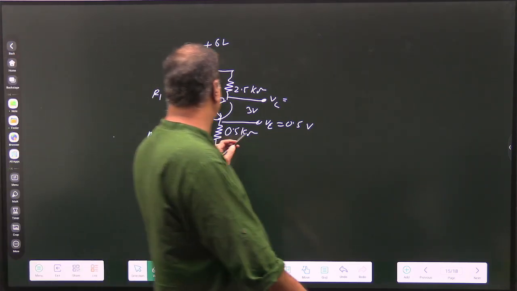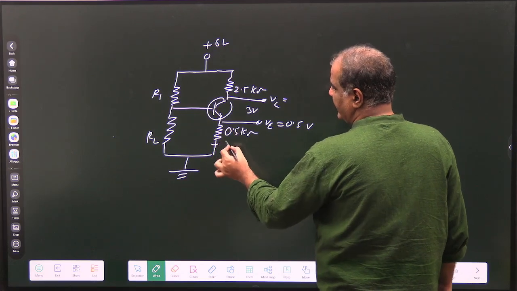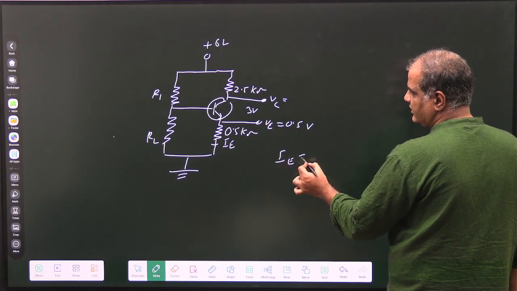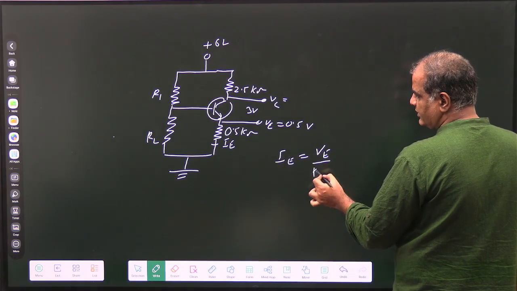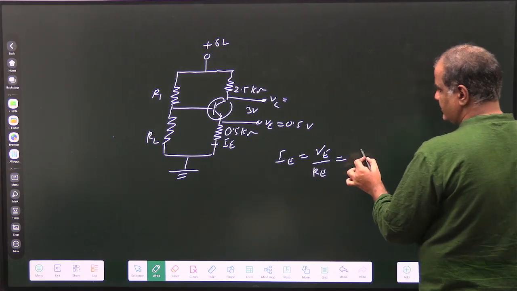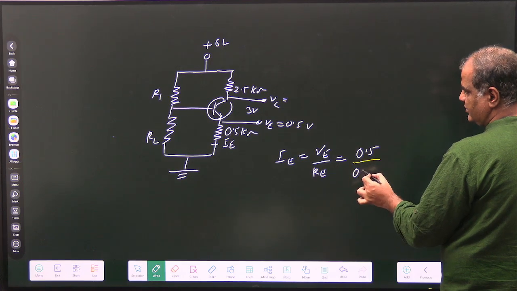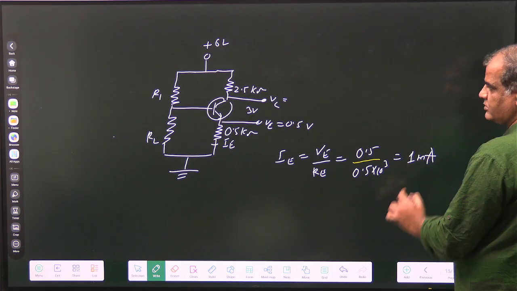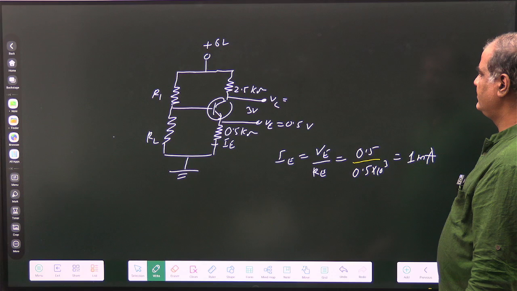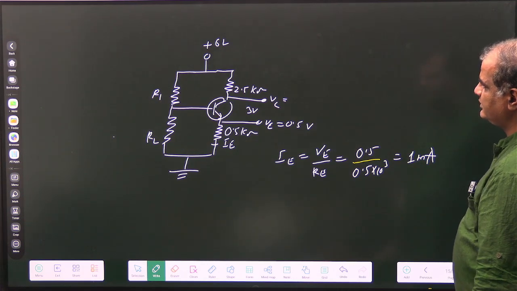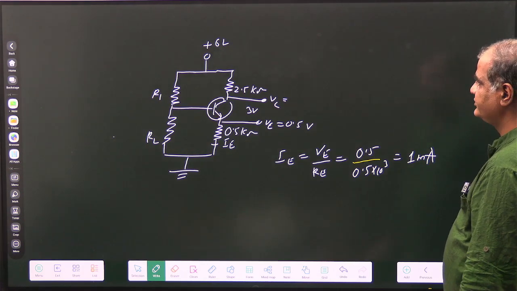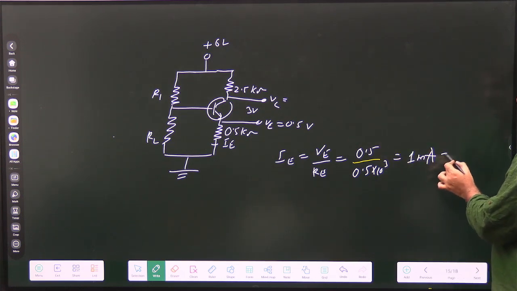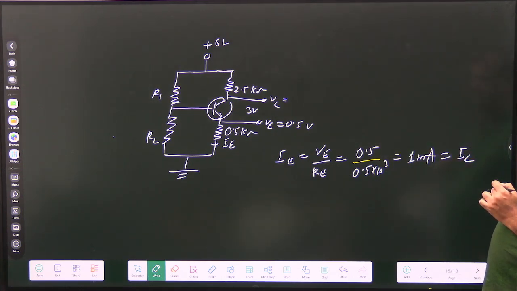So you can find IE directly here because VE is given, so IE will be VE upon RE, 0.5 volt and 0.5 kilo ohm, so 1 milliamp. Now tell me what is the value. So IE equals IC, it is 1 milliampere directly.